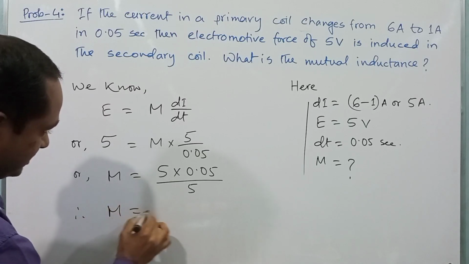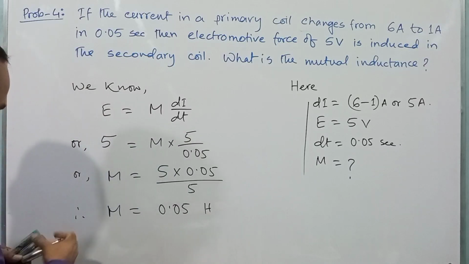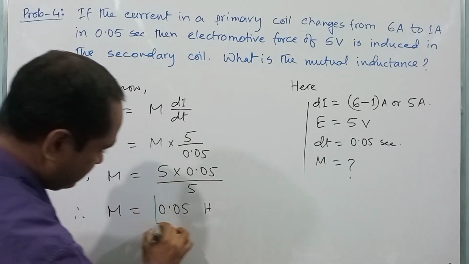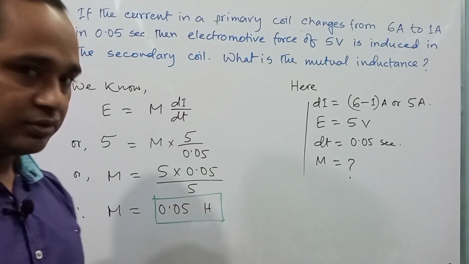So M is equal to 0.05 Henry. So this is the final result for our question 4.